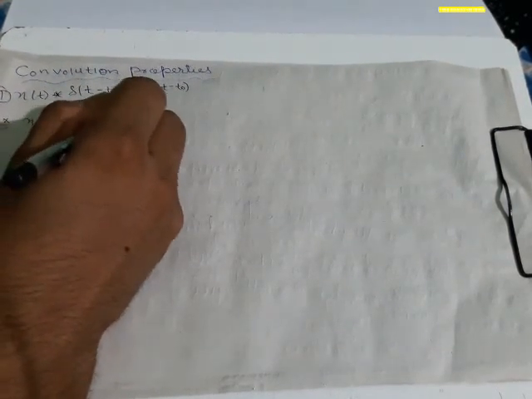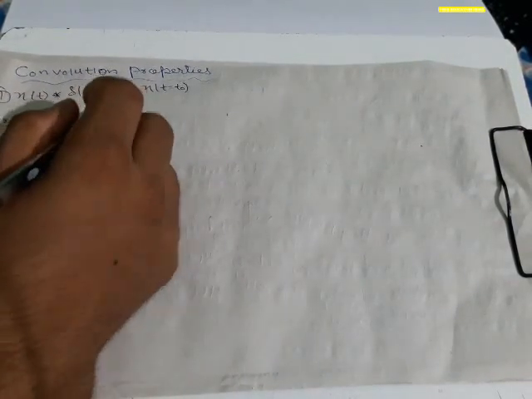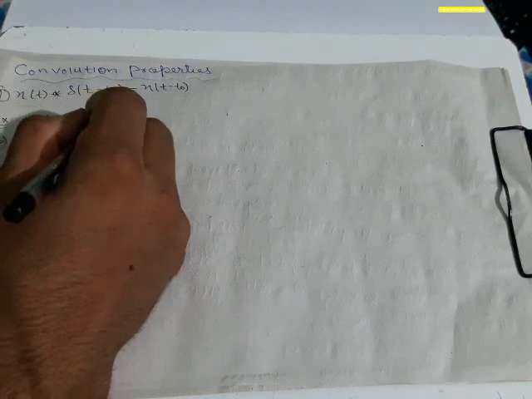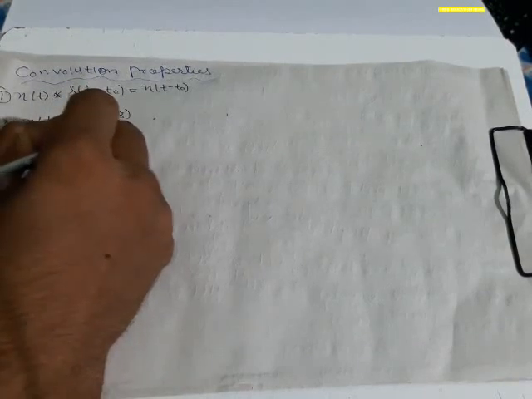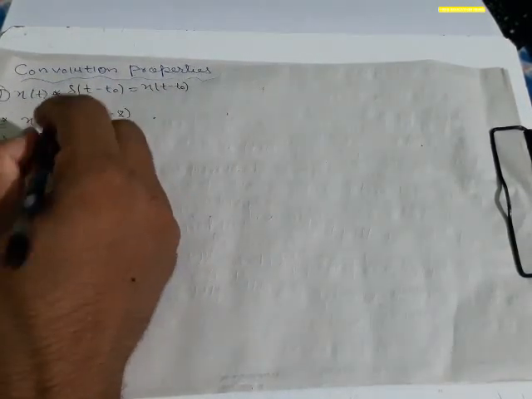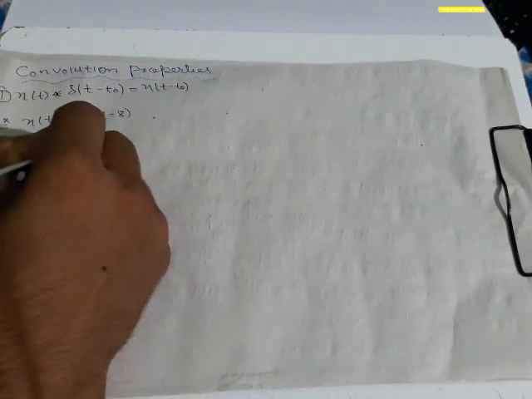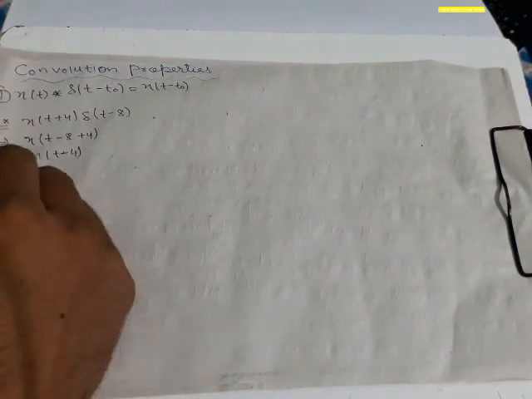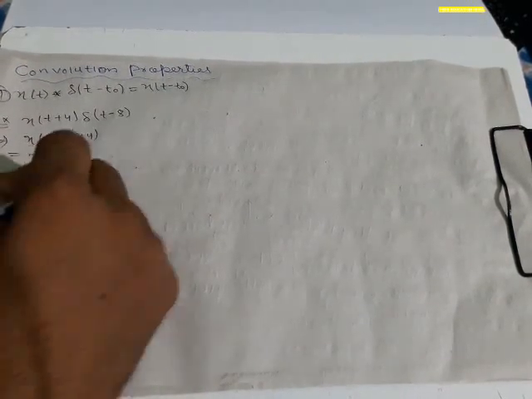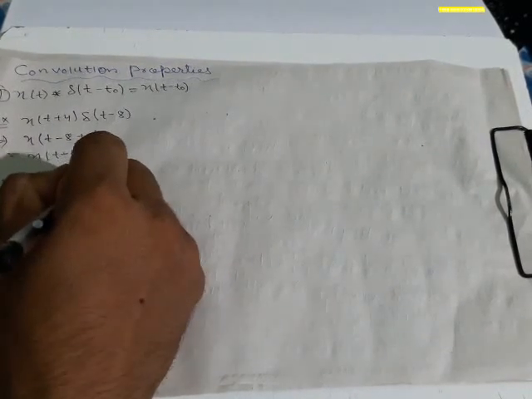Next example: x(t) convolved with delta(2t + 3). Here the 2t is scaling of the signal, so we want it in the form of t. But we know from the property that it is 1 by 2.